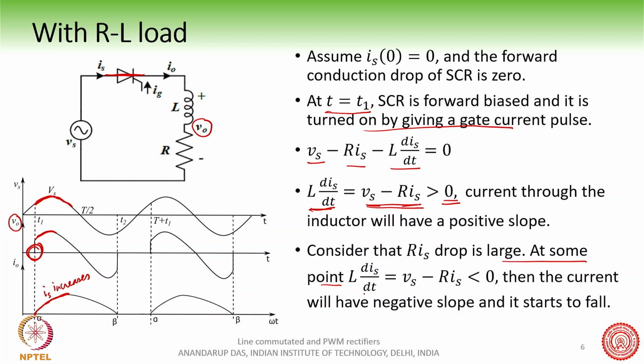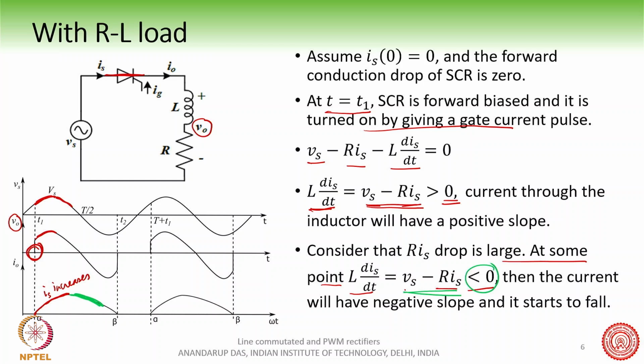After some point, L di/dt, which equals Vs minus Ris, will become less than 0, and the current will then no longer rise; it will start to fall here. So this is the condition where Vs minus Ris is less than 0, right? Initially the current rises, and then the current starts to fall.